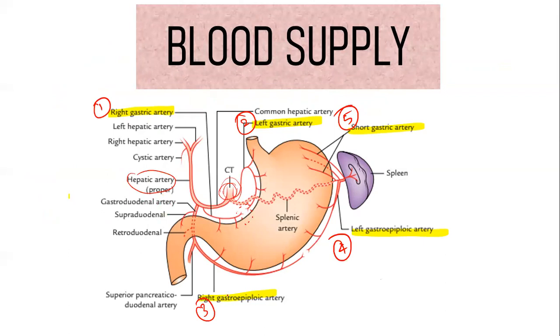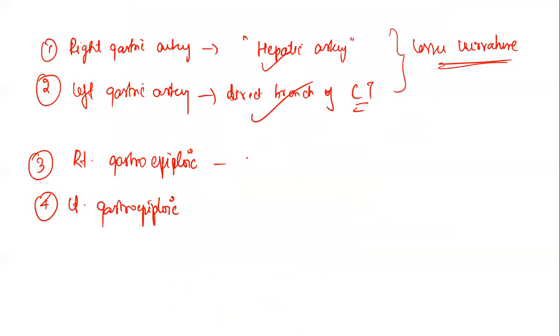So the right gastroepiploic artery is a branch of the gastroduodenal artery. The gastroduodenal artery gives rise to 2 branches: the superior pancreatico-duodenal artery and the right gastroepiploic artery. The pancreatico-duodenal will supply the duodenum and the pancreas, and the right gastroepiploic artery is going to supply the greater curvature of the stomach. So it is a branch of the gastroduodenal artery.